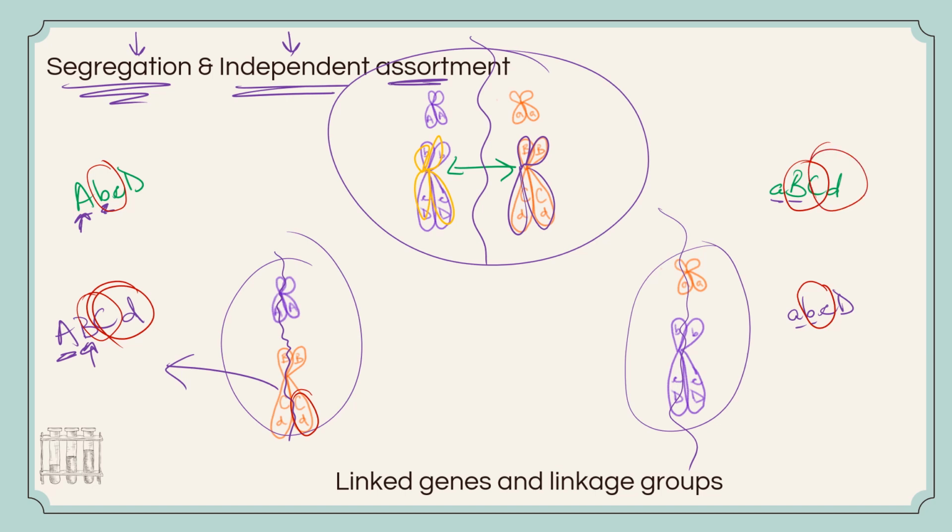Notice that over here we've got little and big, little and big, little and big. They got inherited together because they were next to each other on the same chromosome. We call those traits linkage groups. They are linked genes in the same linkage groups. They're inherited together because they're right next to each other on the same chromosome.